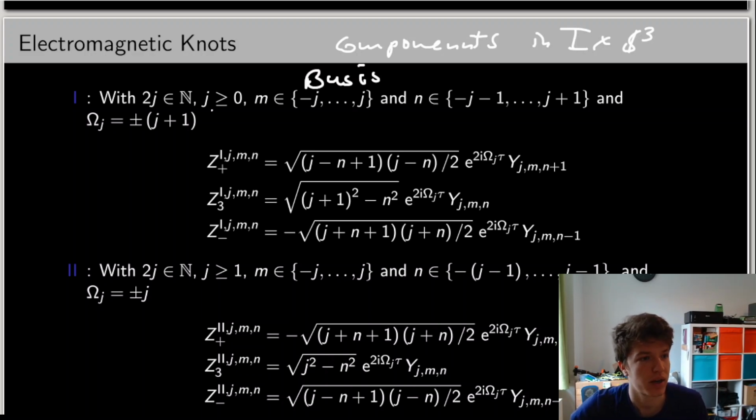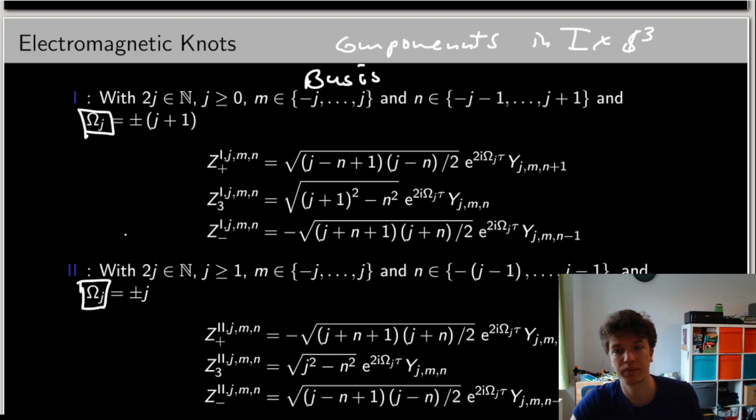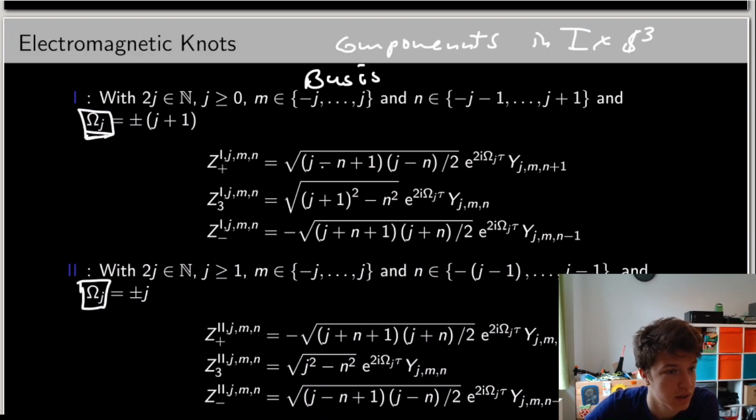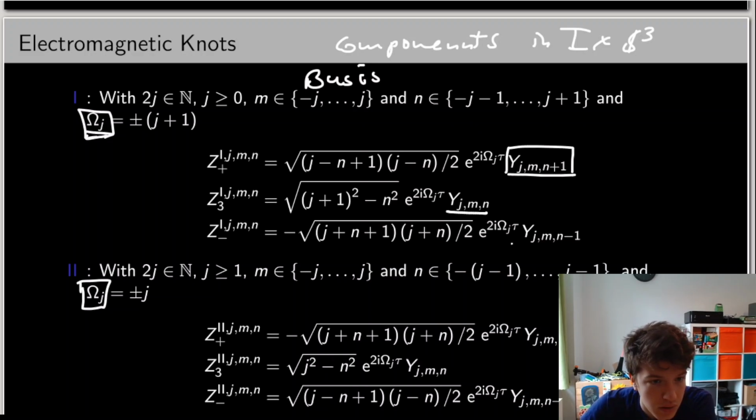So we have two types of solutions with different frequencies. These result because we calculate eigenvectors and eigenfrequencies. Therefore, we have two different eigenfrequencies, and we see also that for every basis solution, we have different spherical harmonics.